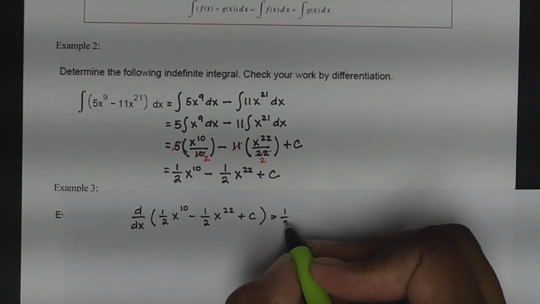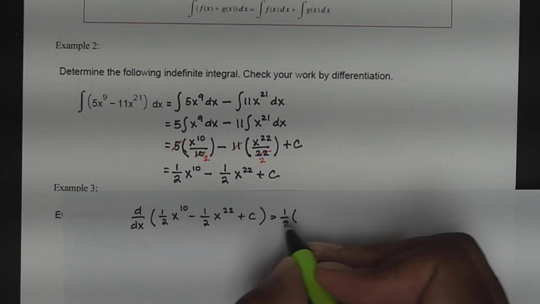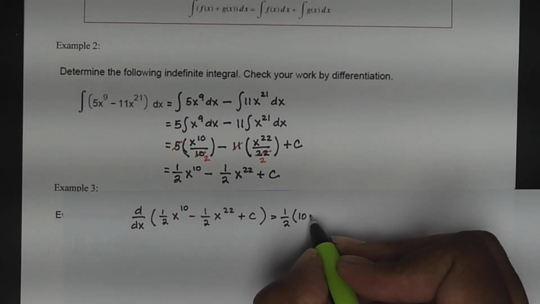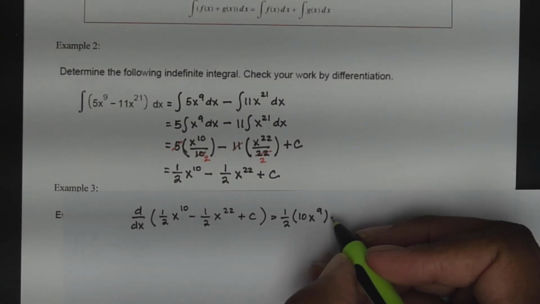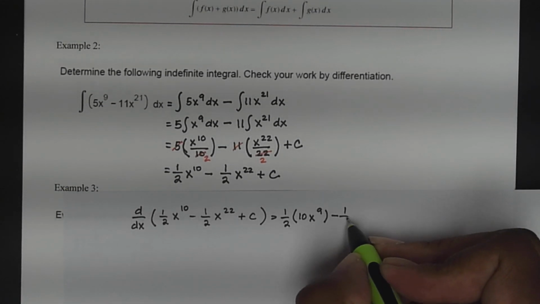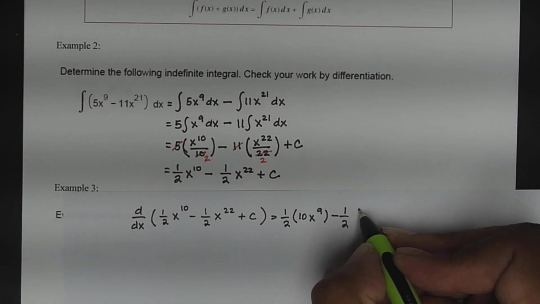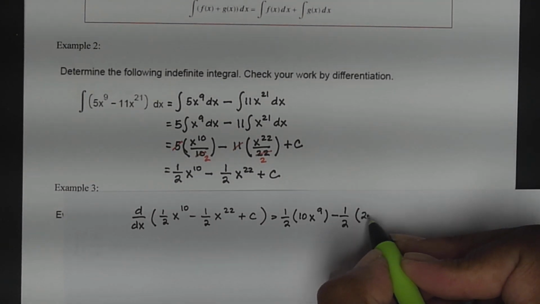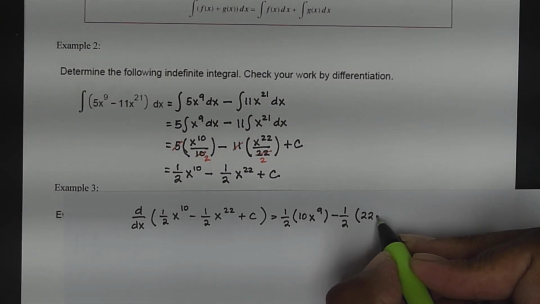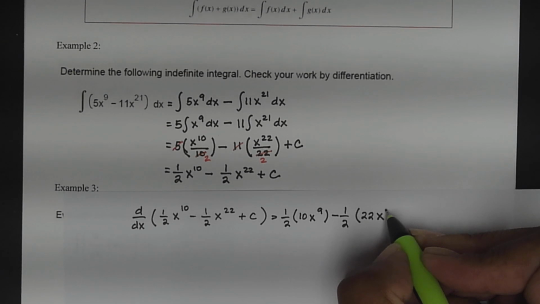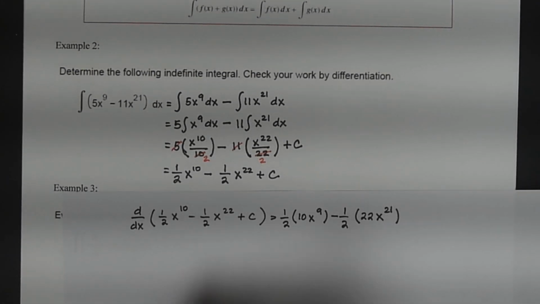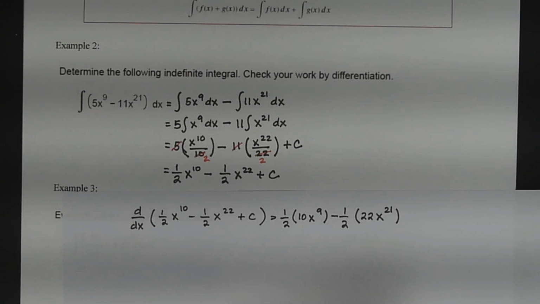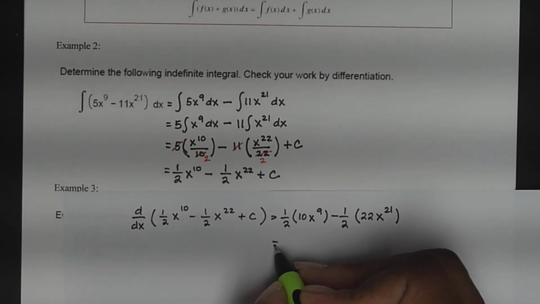So I'll have 1/2, and then bring down the exponent in front of the x, copy the x over to the 1 less power. 10 minus 1, that would be 9, minus 1/2. And then for x to the 22, bring down the exponent of 22, copy the x over to the 1 less power. 22 minus 1 will be 21. And the derivative of a constant, whatever that is, is 0.